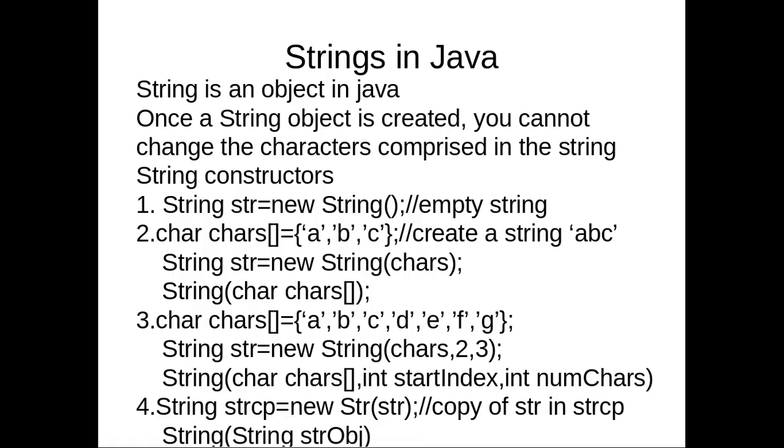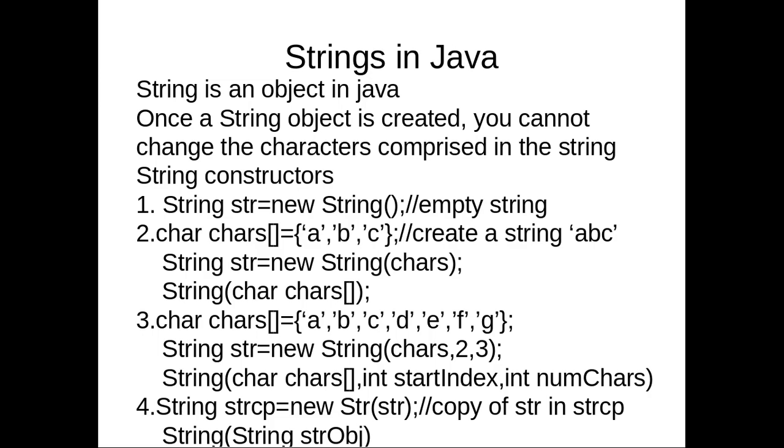Here the 0th character is A, first character is B and second character is C. So chars, 2, 3 means start from the second character, and the third parameter is 3. That means starting from the second character you have to take 3 characters, that is C, D and E.